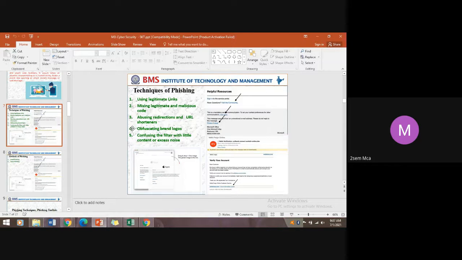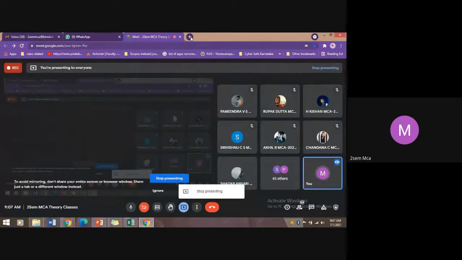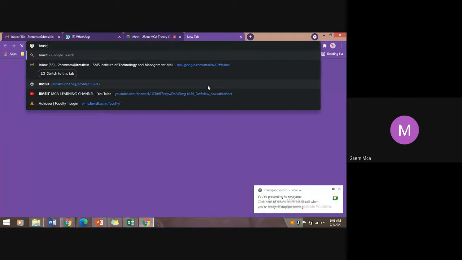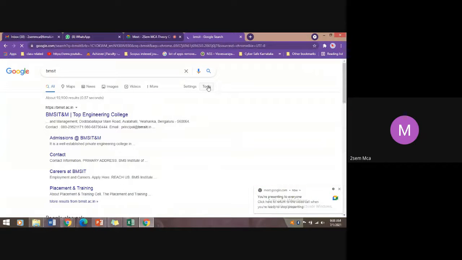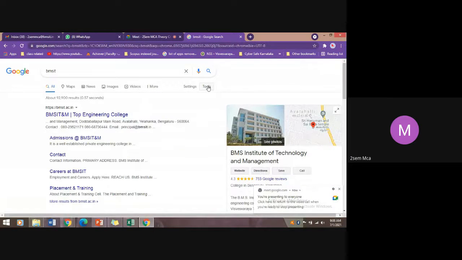Some precautions you need to take care of before touching phishing emails. Those precautions are names of legitimate organizations. See, if BMSIT is the organization name, then over the internet if you search BMSIT, since I reside in Bangalore, it shows the Bangalore location content first as a preference page.